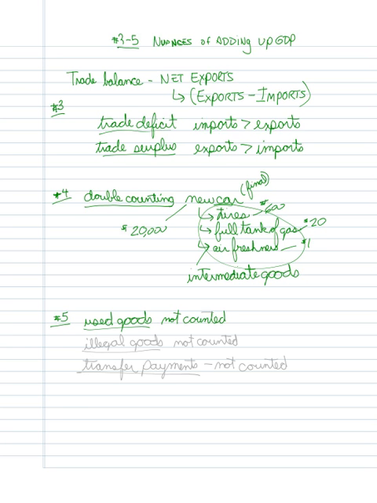And then we need to talk about 3 other things that are going on in the economy. Used goods are not counted. Alright, so I have never owned a new car. The car I drive right now is 17 years old.